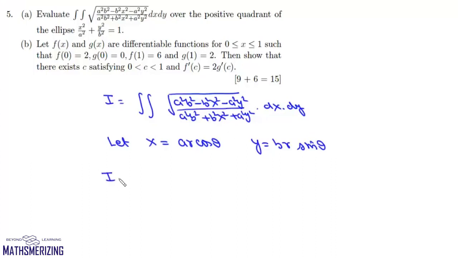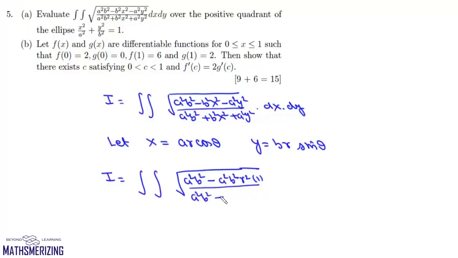We can write this integral as the square root of a^2 b^2, and here will be a^2 b^2 r^2, and then sin^2 theta plus cos^2 theta will be 1, and the denominator will be a^2 b^2 plus a^2 b^2 r^2, and again sin^2 theta plus cos^2 theta will be 1. Now we have to change this dx dy, and for that we have to use the Jacobian.